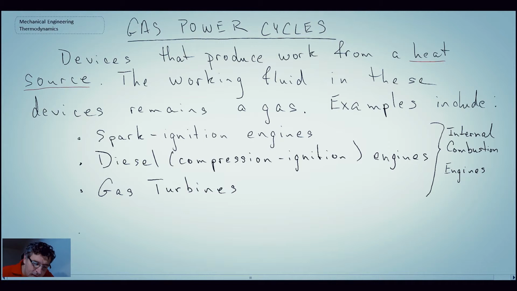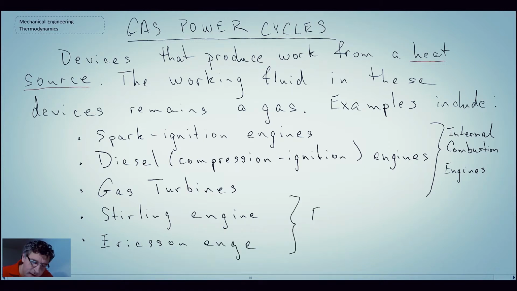That is contrasted by two other cycles that we will study, one being the Stirling cycle, or Stirling engine, and the other the Ericsson cycle, or Ericsson engine, and these are external combustion engines.